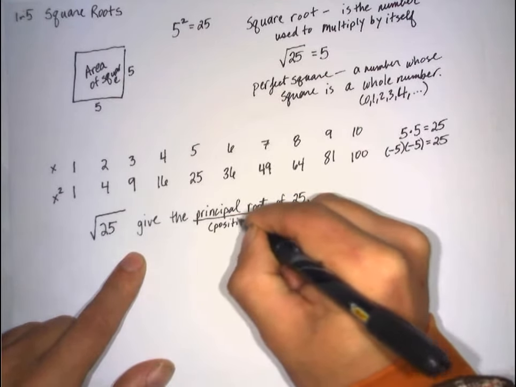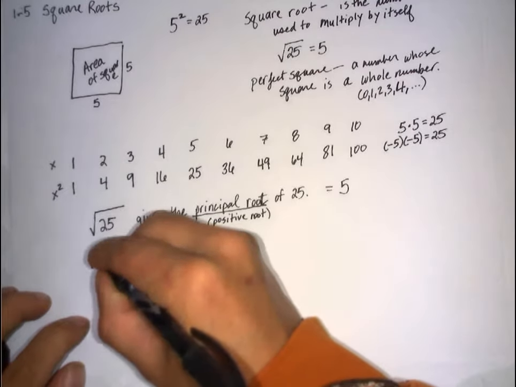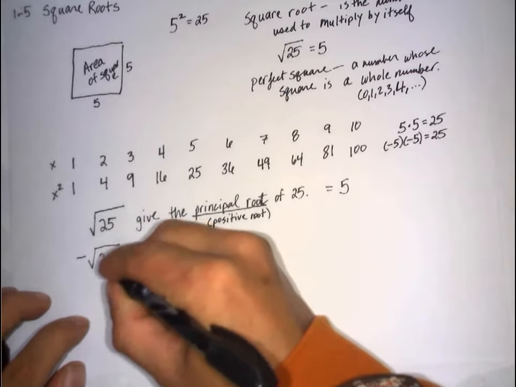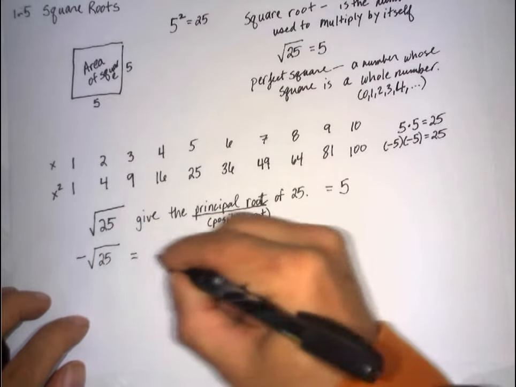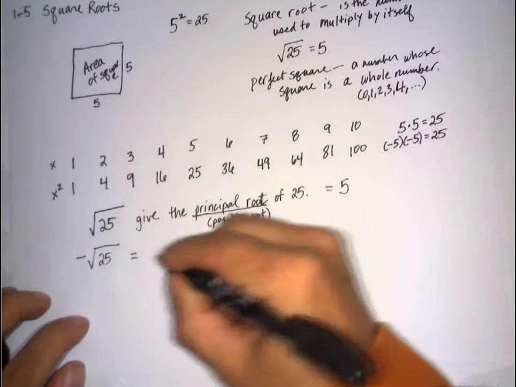Because it's also true that negative 5 is a square root of 25. However, this symbol we have defined, and a calculator will only give you positive 5. But it is possible to find the opposite of the square root of 25, and that's going to be negative 5.